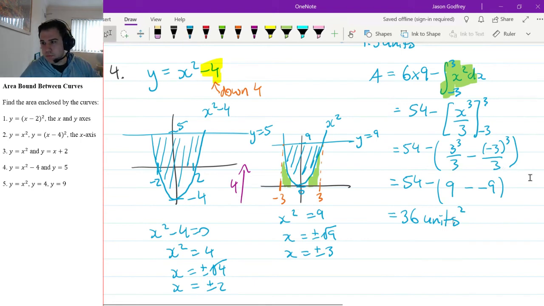Square units. Right, so again, there are different ways you could do this. You'll remember when I introduced areas enclosed by the y-axis, I showed 3 different ways of doing the same problem. So there are going to be lots of different ways you can do these problems. But again, try and think, how can I do this easiest by geometrically moving it around, rotating it, doing something with it.